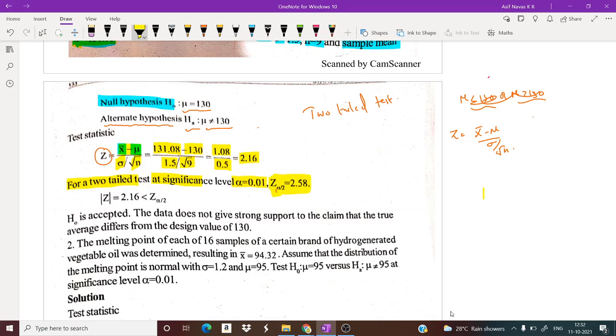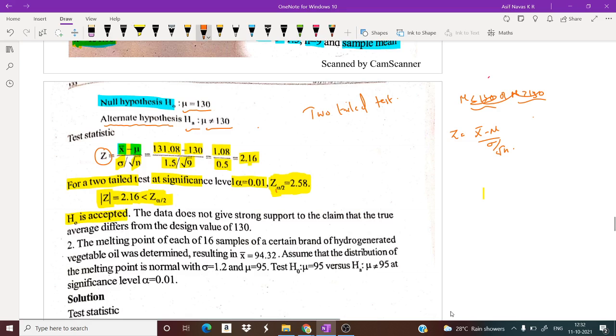Therefore, mod z value we have is 2.16. This is less than 2.58, right? So mod z is less than z alpha by 2. Therefore, we will accept H naught.